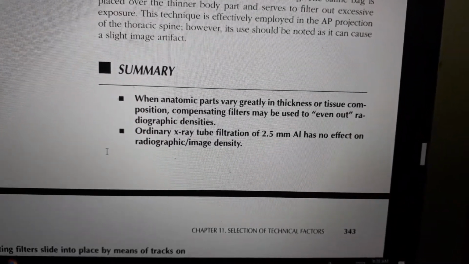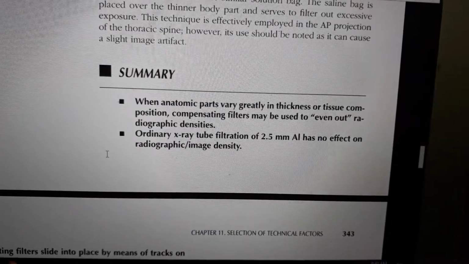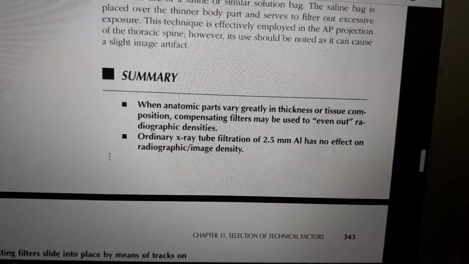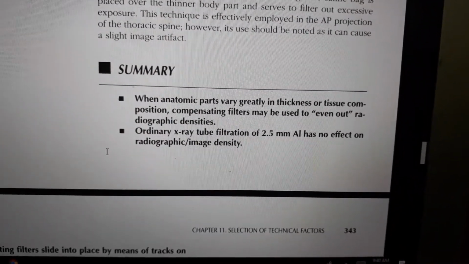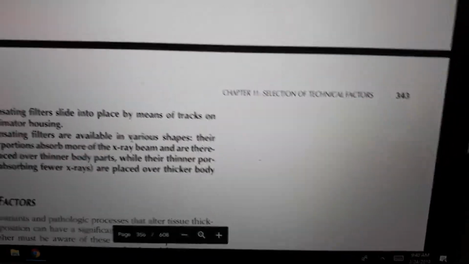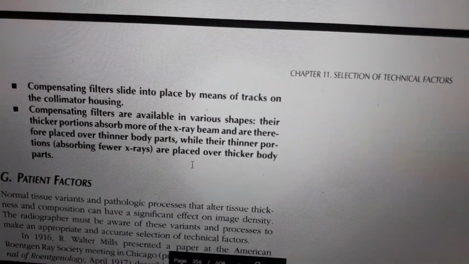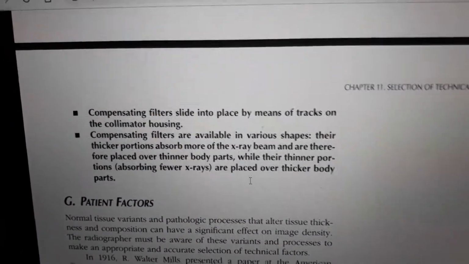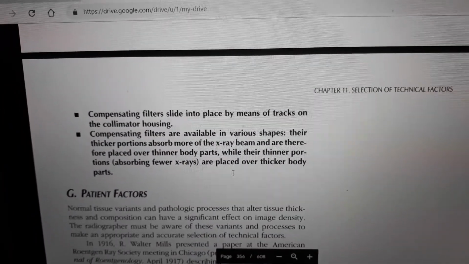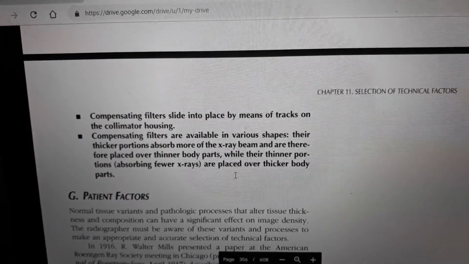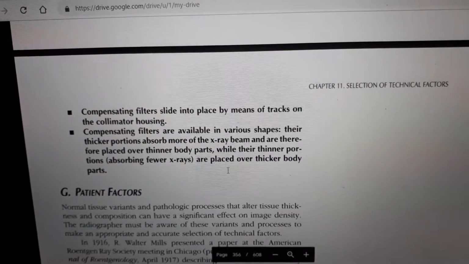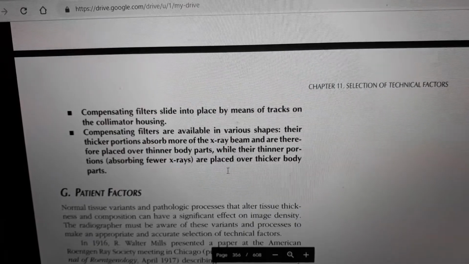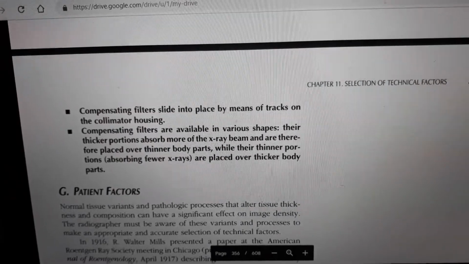The ordinary X-ray tube filter of 2.5 mm aluminum has no effect on the radiographic image density. Compensation filters slide into place by means of a track on the collimator housing. They are available in various shapes.